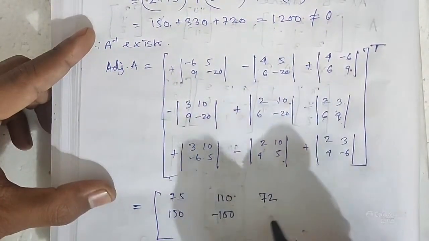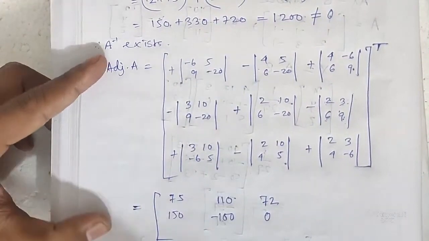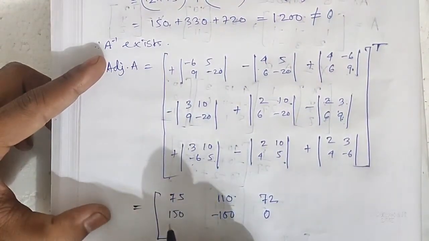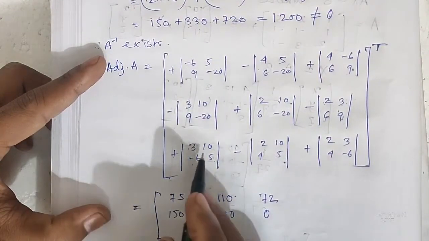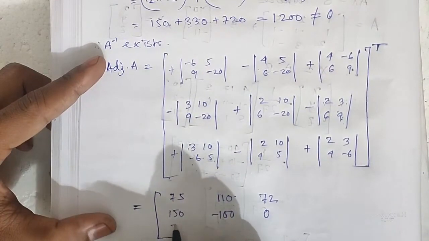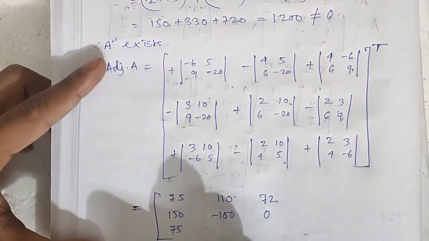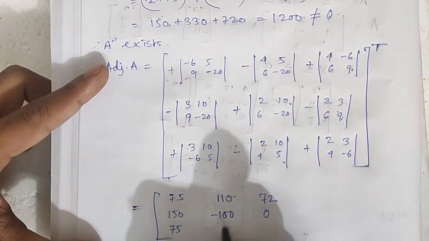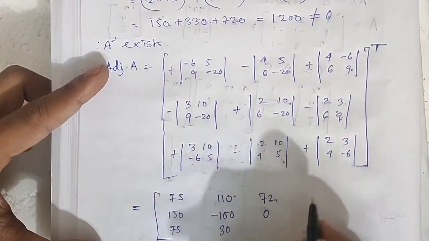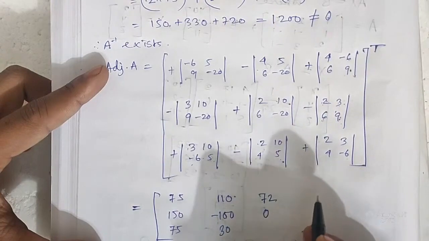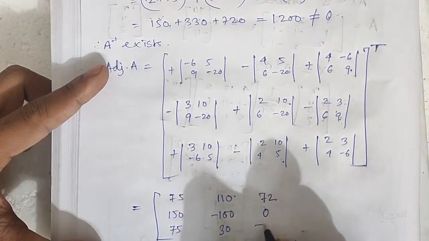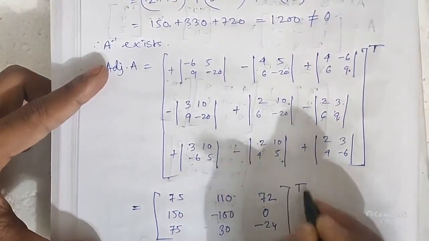Here it is coming 18 minus 18, 0, then 15 minus 60, 15 plus 60, that is 75, 10 minus 40, that is 30, and minus 12, minus 12, minus 24, transpose of this.